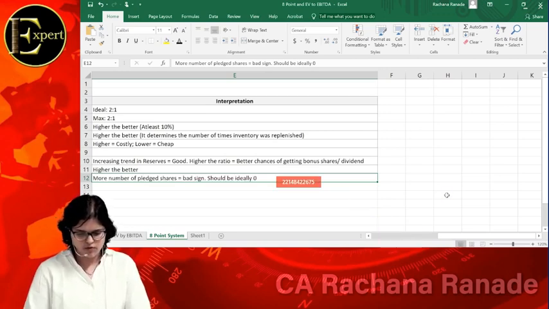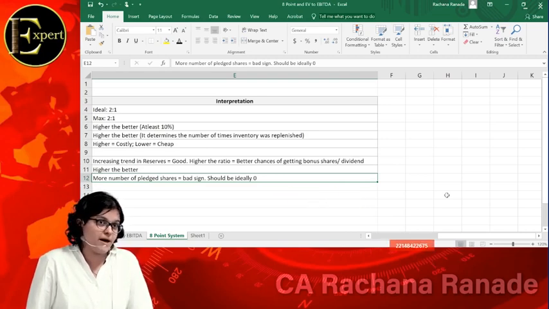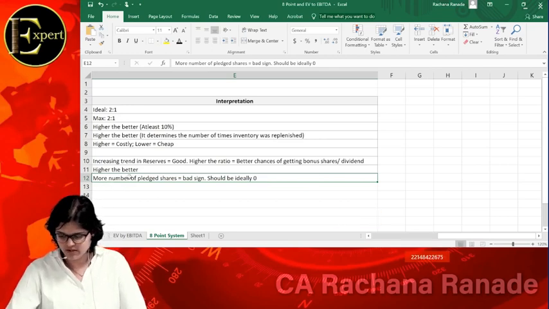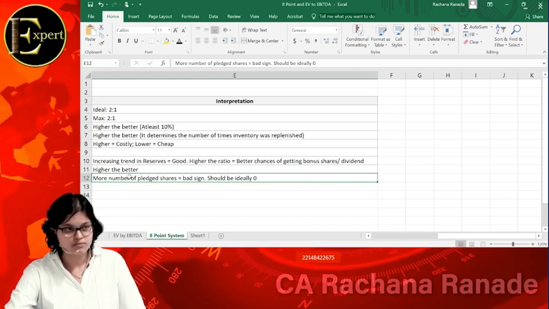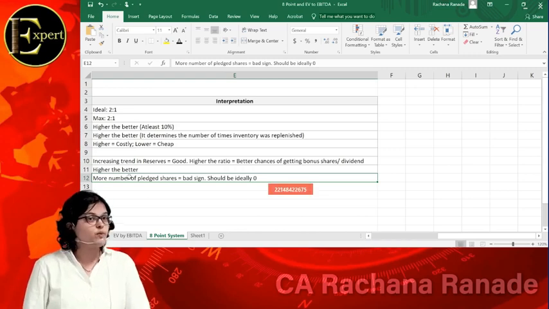And if you remember, what did we say? More number of pledged shares is good or bad? Bad, it's a bad sign. So the interpretation is that more pledged shares is a bad sign. And ideally it should be 0.